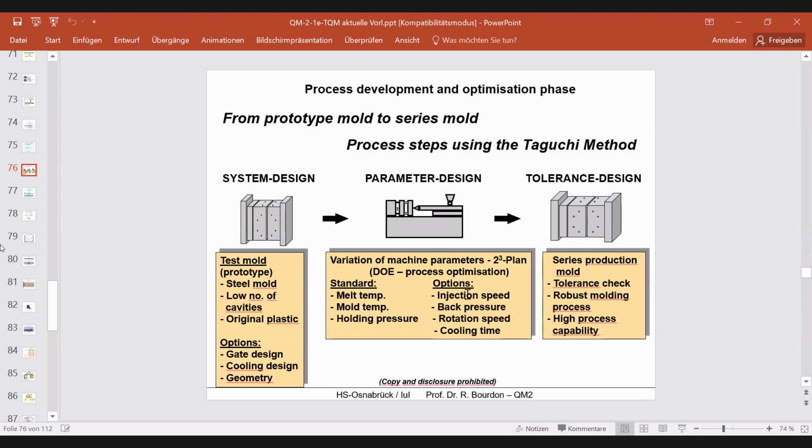And then you have some other parameters you can also integrate in experimental designs. Then you have the series mold, and you try the best machine setting you get out of this DOE optimization, and then you can check if the tolerances are okay, if you can meet the requirements, if it is a robust process, and you can also check if the process capability is high enough.